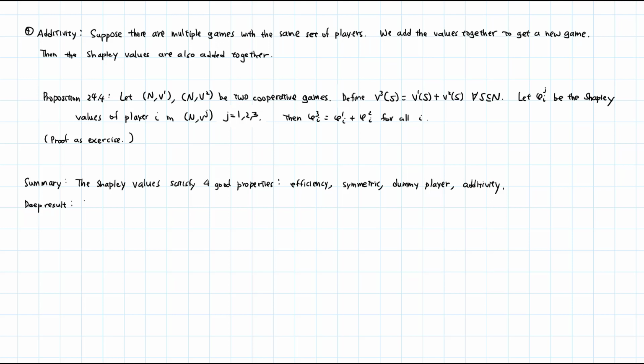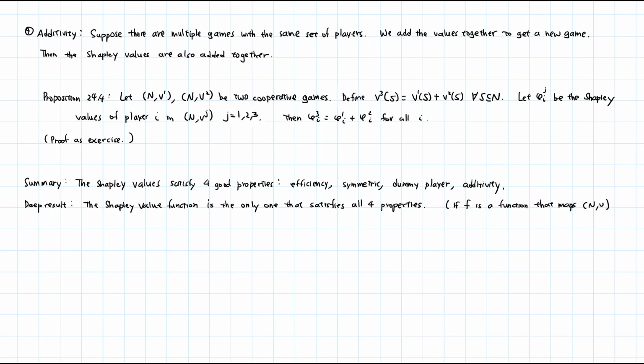And the result is, the Shapley value function is the only one that satisfies all 4 of these properties. That means that if f is a function that maps a cooperative game N, v to a real vector in R^n, and all 4 properties hold, then f gives the Shapley values.